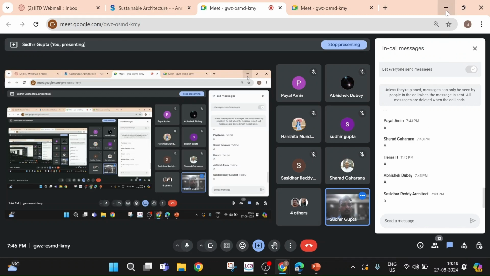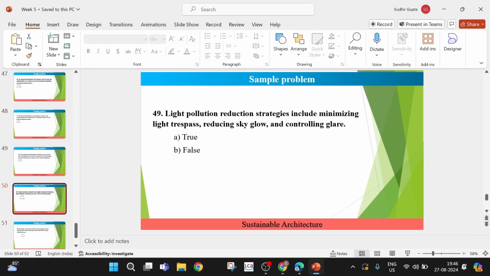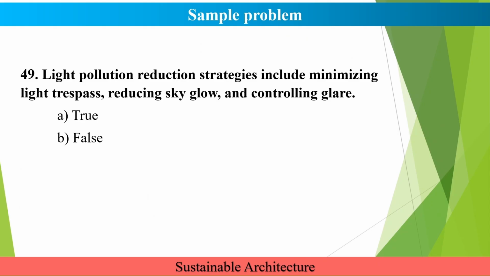Okay. So it is true, and I think it is clear to all of you that minimizing light trespass, reducing sky glow, and controlling glare can help us in reducing light pollution, and it will also help in nighttime visibility and minimizing the impact on nocturnal environments.